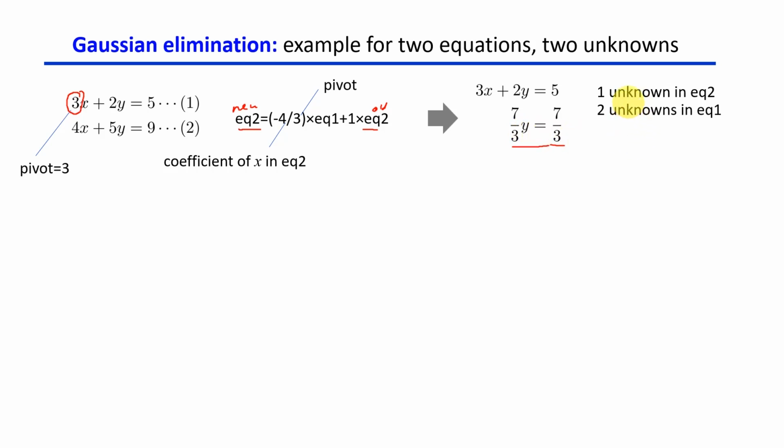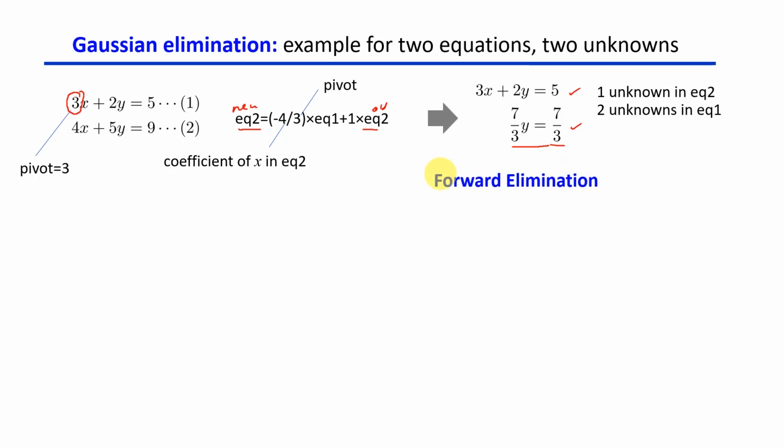So now you see that there is one unknown in equation 2, that is y, and two unknowns in equation 1, that is x and y. And this particular step sort of decouples the equations. So we call this step forward elimination.